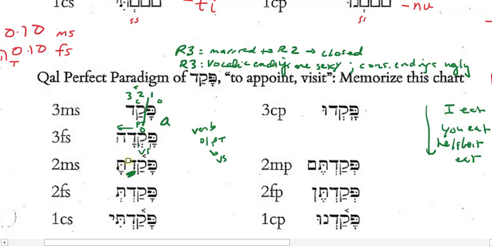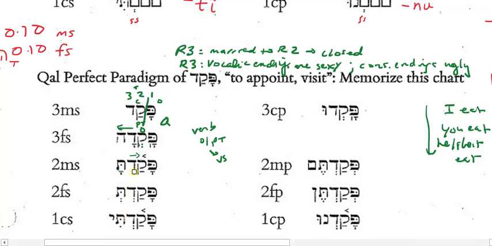And what does root 3 think about consonantal endings? They are ugly. That's right. So is he going to want to go start a new life with this consonantal ending over here? No. He is going to stay right where he is and stay married to root 2, and he is not going to leave. You see? He's going to keep closing the syllable.